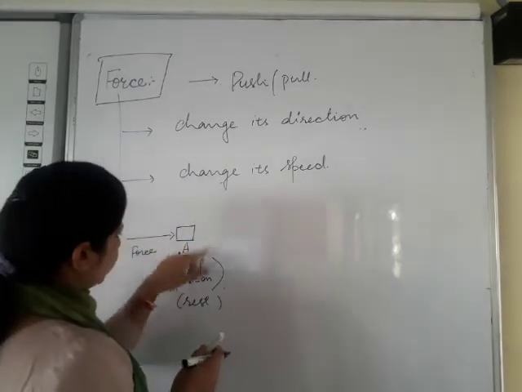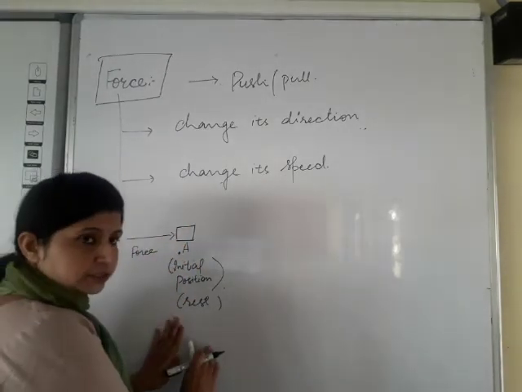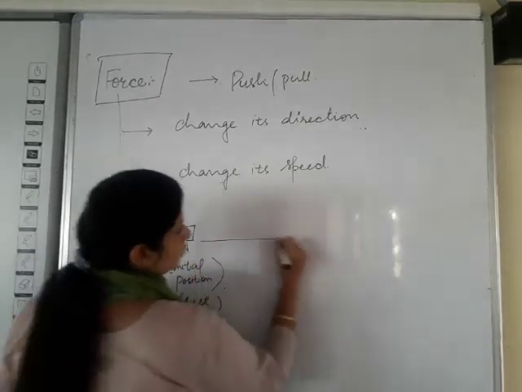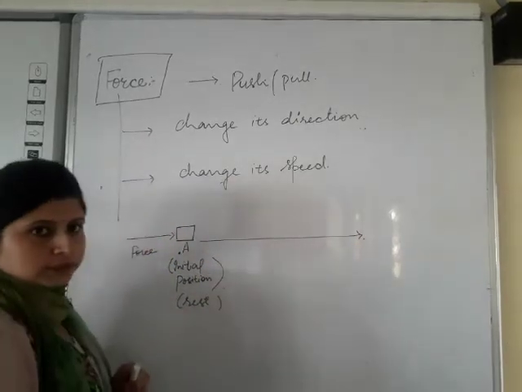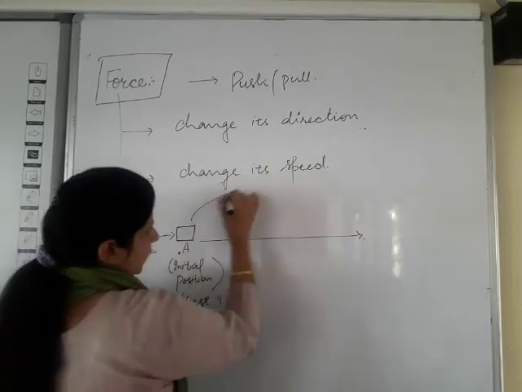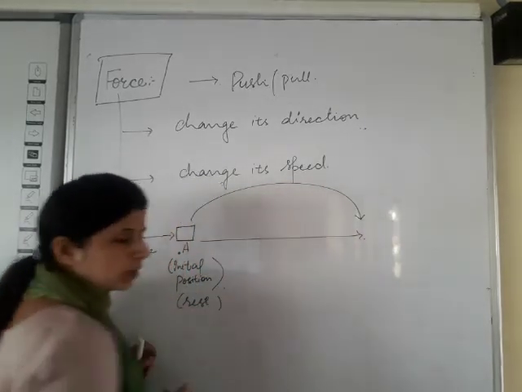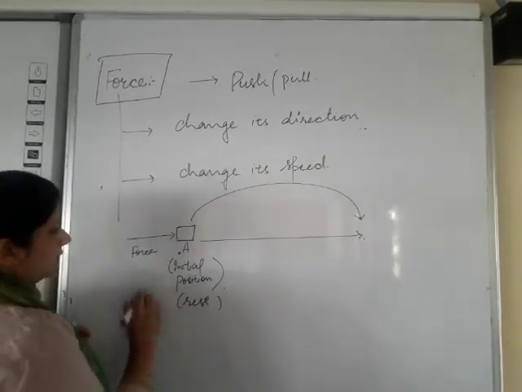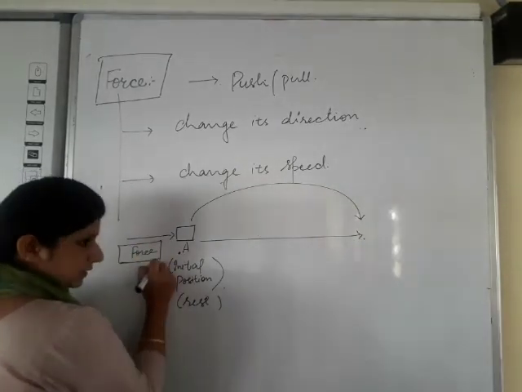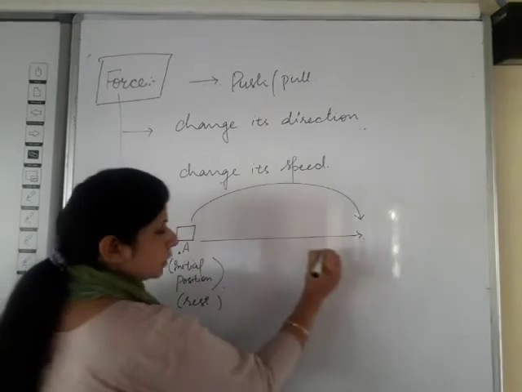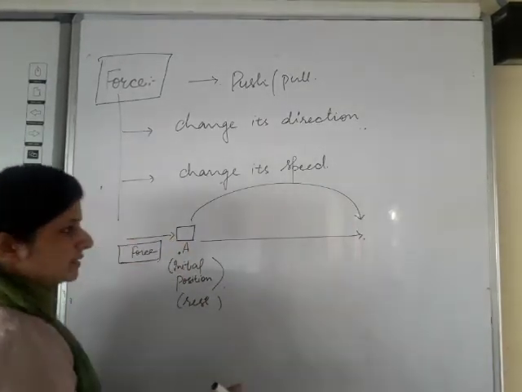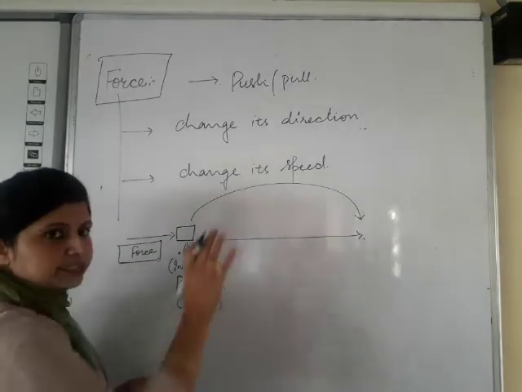Toy car is placed at this position and it is at rest. When I apply force, when I push it, it will move to a certain distance. So this movement is called motion, and this motion occurs because of the force applied, and the distance covered changes with respect to the time, as well as it can change its direction also.